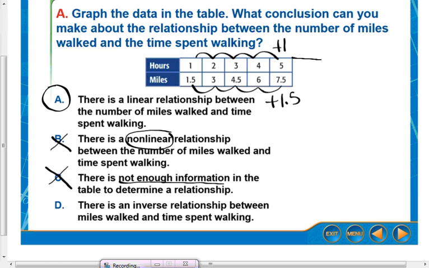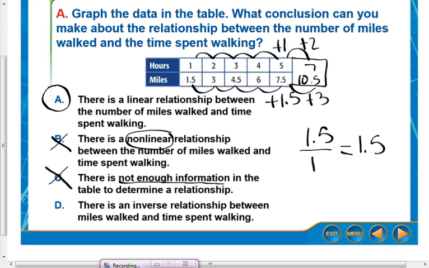Even if I had something like this where I had 7 and 10.5, I still know that my ratio would be the same because this is going up by 3. Because normally it's 1.5 over 1, correct? Which equals 1.5. And if I did the same thing here, 3 over 2, my rise over my run, that would end up being 1.5. So those are consistent. This is definitely linear.